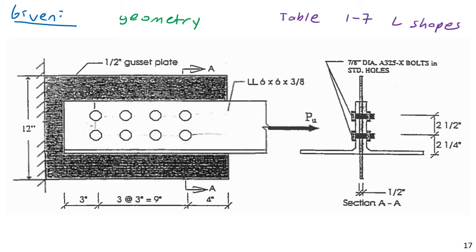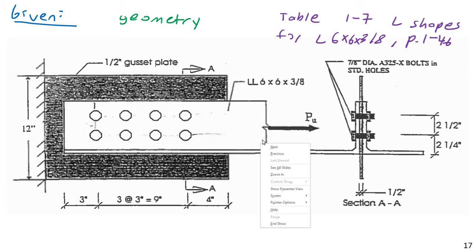They're called angle irons because they're kind of like an angle, or L shapes because they form the shape of an L. For this particular one, L 6 by 6 by 3/8, see page 1-46 of the 15th edition.